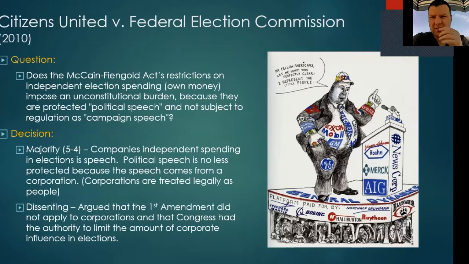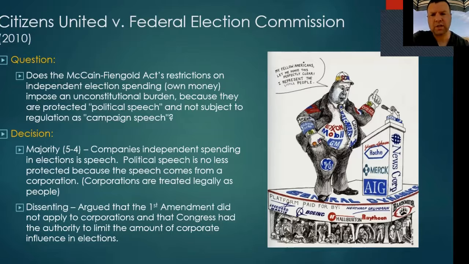The majority here back in 2010, 5-4 majority, looked at businesses just like they looked at people. The idea that if a person can contribute as much money or spend as much money as they want supporting candidates, as long as you're not directly giving a candidate money, that is considered political speech, and it's protected under the First Amendment.